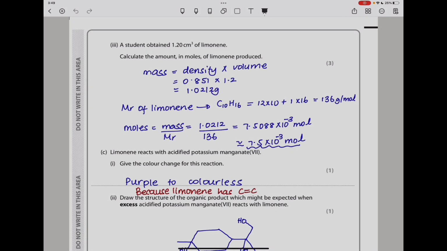Moving on, a student obtained 1.20 centimeters cubed of limonene. Calculate the amount in moles of limonene produced. So we were given the density previously as 0.851, and we have the volume given, 1.2 centimeters cubed. So we can find the mass, which is density times volume. Substituting the values, we get 1.0212 grams. And now we are going to find the molar mass of limonene.